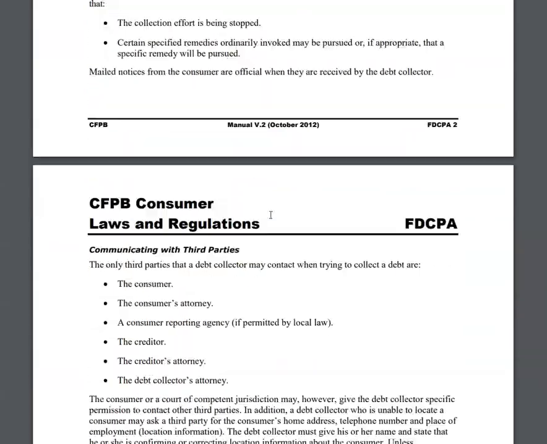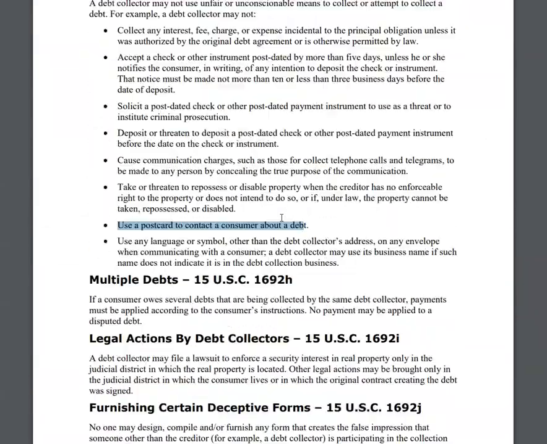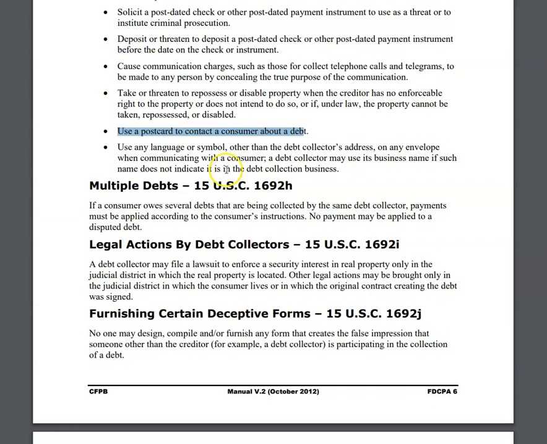I don't know where it was at on there, but they can't use a postcard talking about the debt, and then use any language or symbols other than the debt collector's address on any envelope when communicating with a consumer. A debt collector may use its business name if such name does not indicate that it's a debt collection business. That's what we talked about. That's why they changed those names.